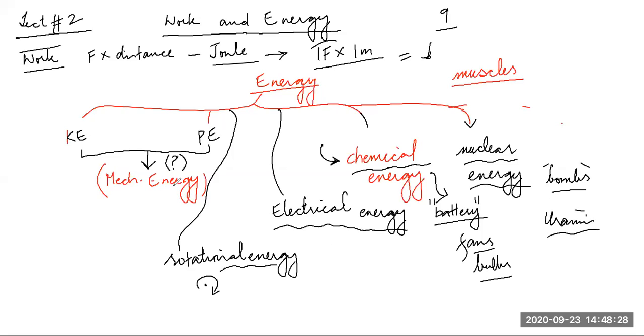In this chapter, we are going to focus on kinetic energy and potential energy. Together they are known as mechanical energy. So let's understand what is kinetic energy and what is potential energy. Let's say you see a revolver and they shoot a bullet.